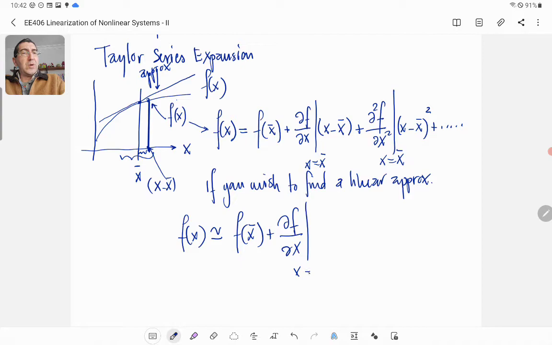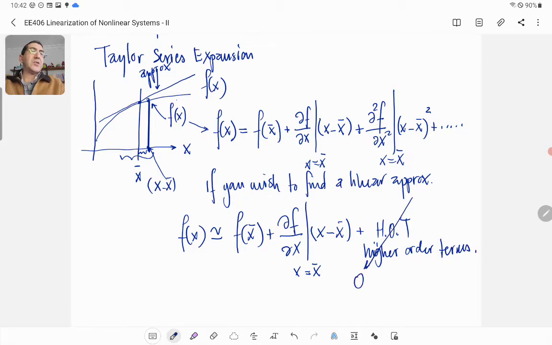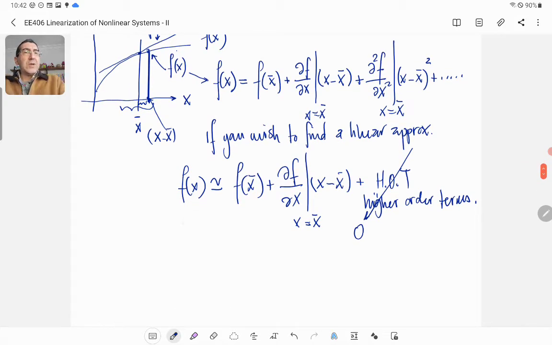So you take the same term, x minus x bar, plus what we usually call the higher order terms, and what we do is we assume them to be equal to 0, and we therefore get an approximate equality here. So this is the linear part of the expansion.